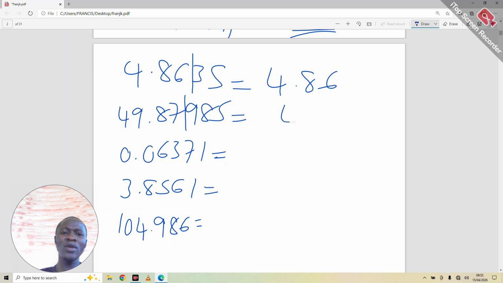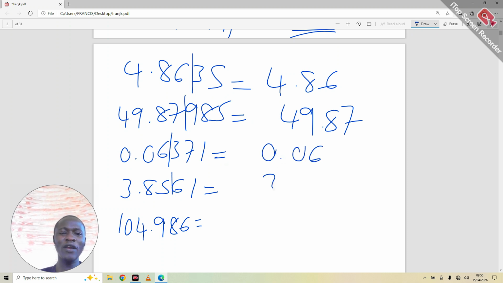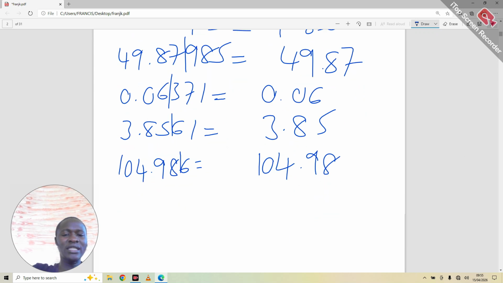Cut it at that point, we have 49.87. Cut it at that point, we have 0.06. Cut it at that point, we have 3.85. Cut it at that point, we have 104.98. Note this, guys: to truncate a number, you do not round up or round down.